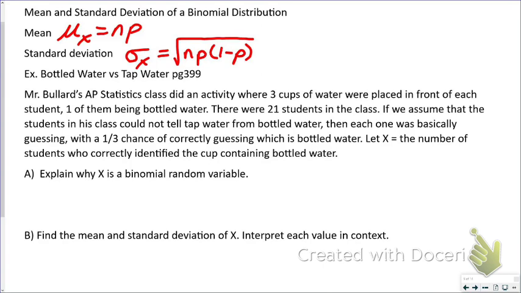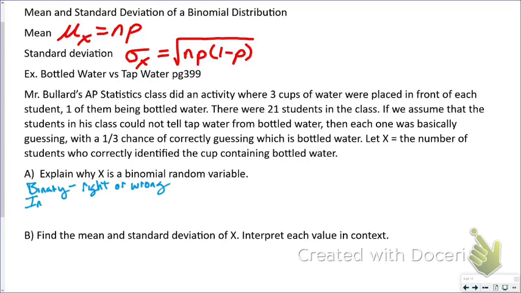This is a water experiment, and I would say it's binary, because people are guessing which one is the bottled water. So they are right or wrong in their result.